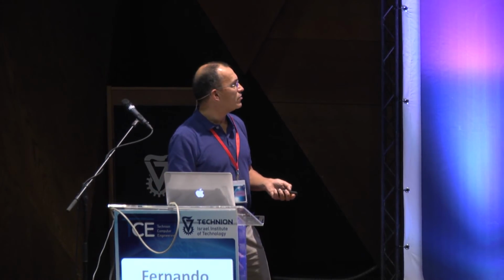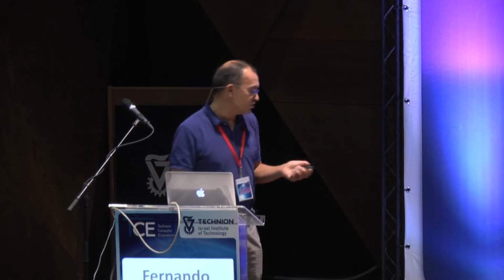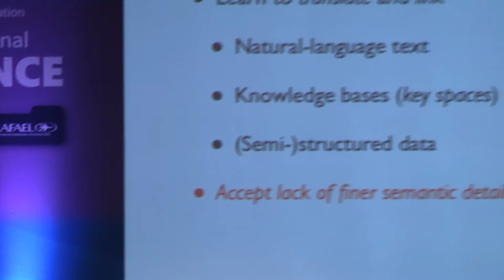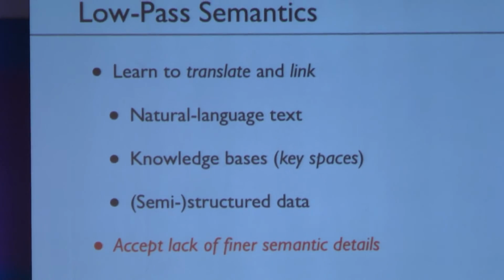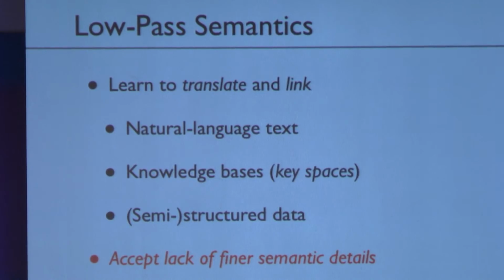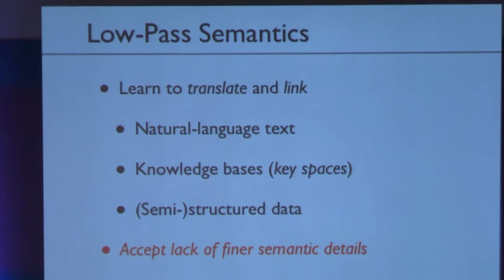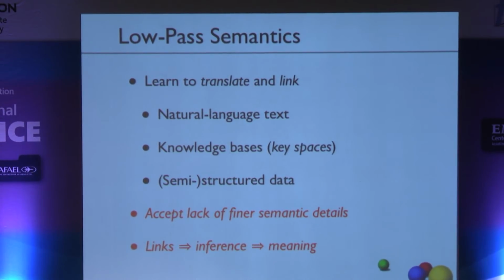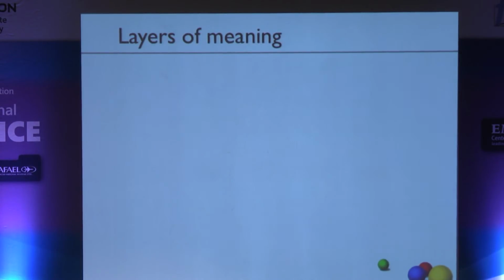So we have natural language text, we have these knowledge bases that provide key spaces, and we have also semi-structured data, which there's a lot of work going on at Google as well, but I won't discuss. And we're going to accept that there's a lot of little detail that we cannot get, but if we can do these linkages, we can do certain useful inferences and we can get at some aspects of meaning that are important for answering queries.